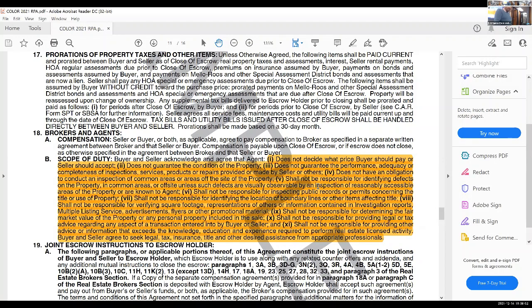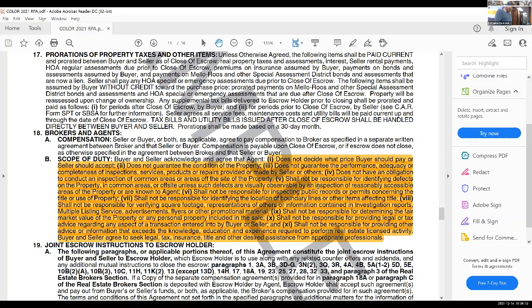The agent does not guarantee the condition of the property. The agent does not guarantee the performance, adequacy, or completeness of inspections, services, products, or repairs provided or made by sellers or others. Does not have an obligation to conduct an inspection of common areas or areas off the site of the property.